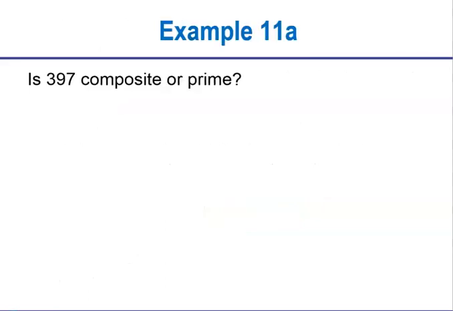So is 397 composite or is it prime? And so we need to just start checking our values. Now, one thing you want to know maybe before you even get started is how many numbers you have to check. A quick way to handle this is to take the square root of 397, get a rough idea of how big that is, and then check your prime numbers up to that value.